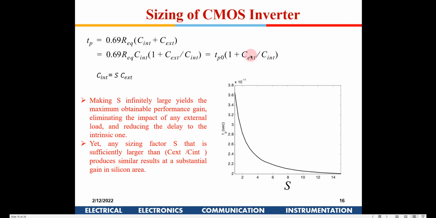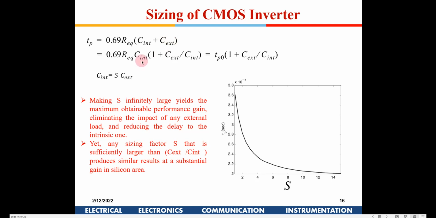C external will always be decided by the circuit requirement. So this is not in my hands. Now depending on the value of C external, the total capacitance will change. Now if I don't want the delay to be a function of C external, what can I do?